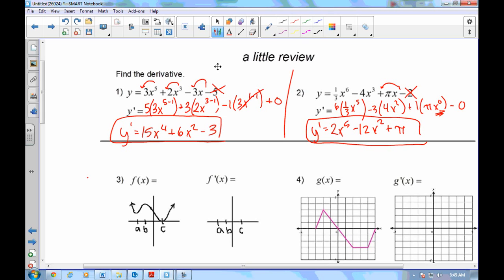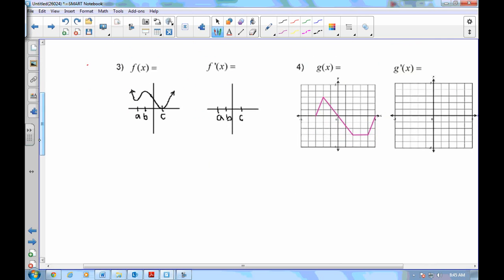Okay, testing your knowledge here of what the graph does on the regular function compared to f prime. Here is f of x. We're going to graph f prime of x. I would always start where the tangent line is 0. So where are we going to have a tangent line of 0?